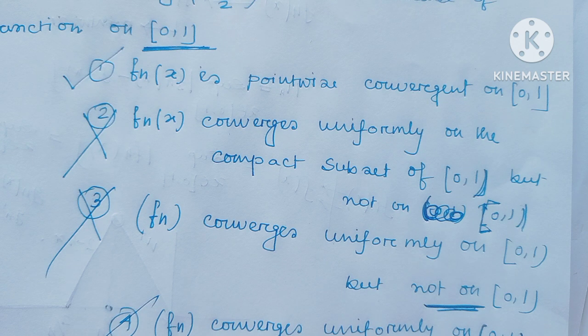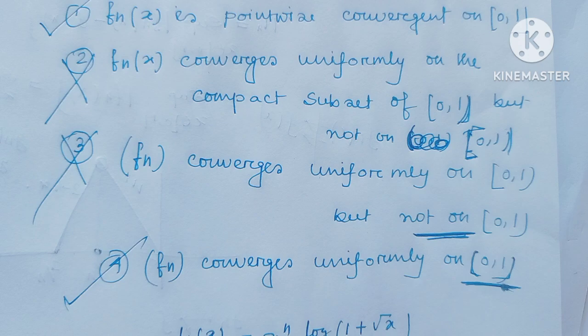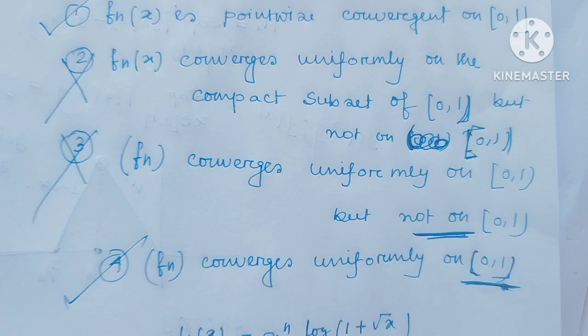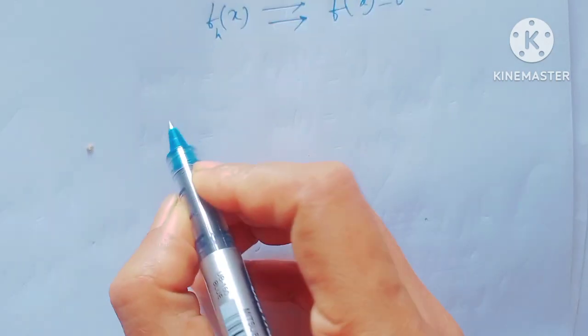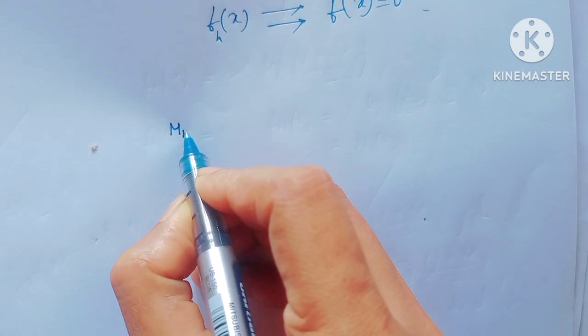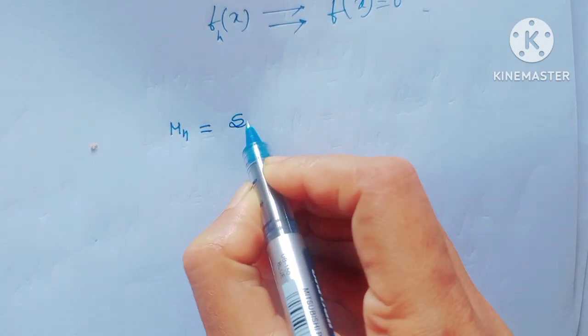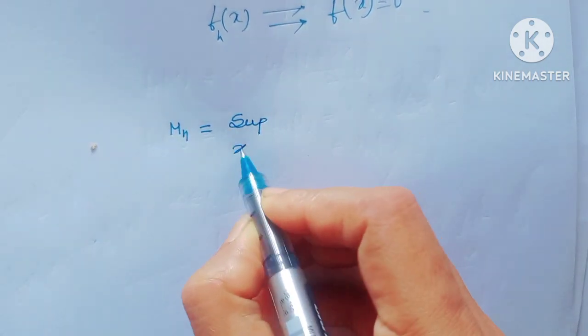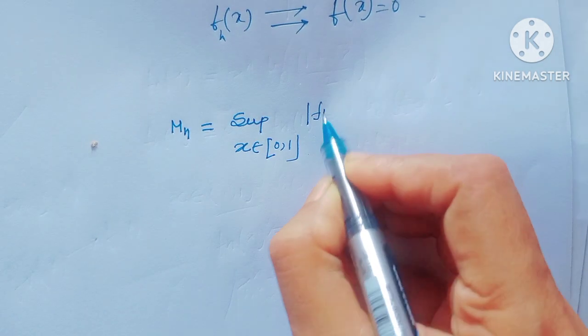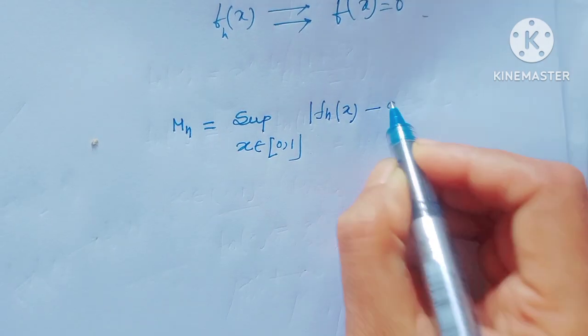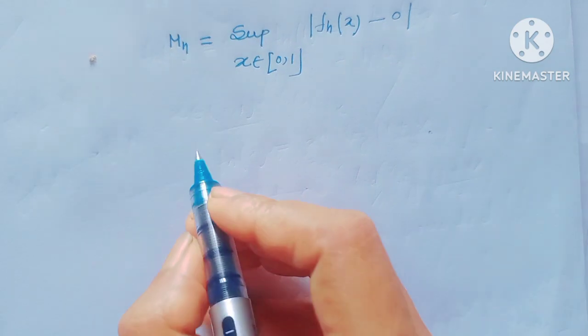Now I will use another method to find uniform convergence, the Mn test. Mn equals the supremum over x in [0, 1] of |fn(x) − 0|.